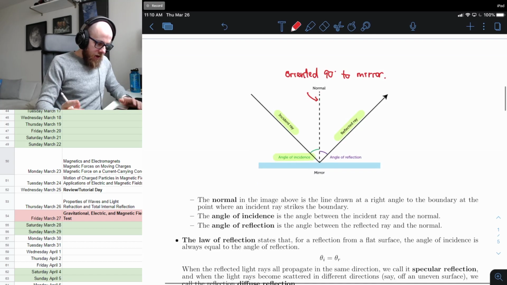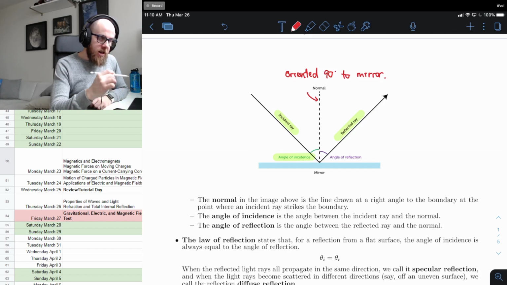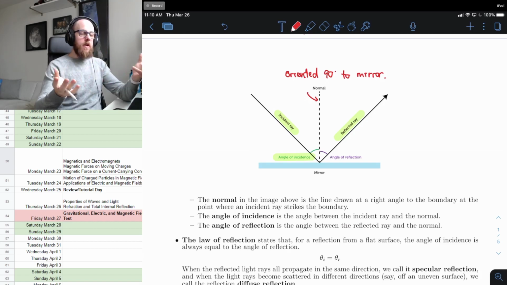We have a rule describing the angle of incidence and the angle of reflection. When this occurs on a flat surface, the angle of incidence is equal to the angle of reflection.